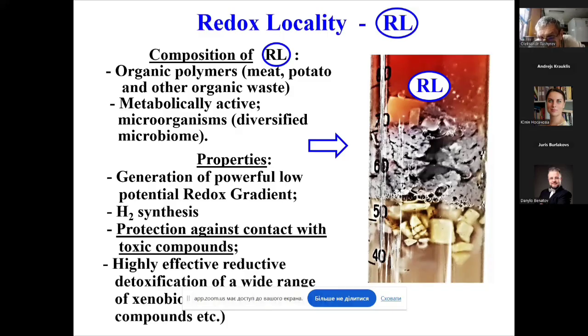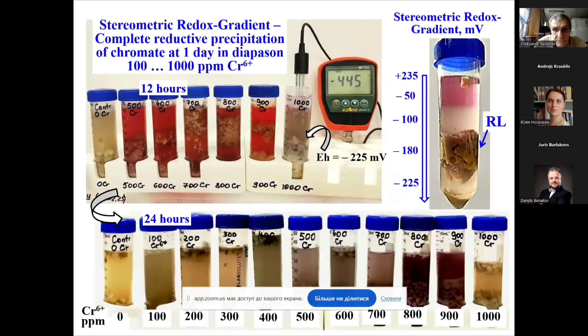On the bottom part of the tube, one can see the solid phase that consists of fermented potatoes and a mixture of microorganism, and the gray zone is the zone of the reduction of chromate without contact with cells of microorganism. And in the upper level, you can see the zone of soluble chromium 6 solution.